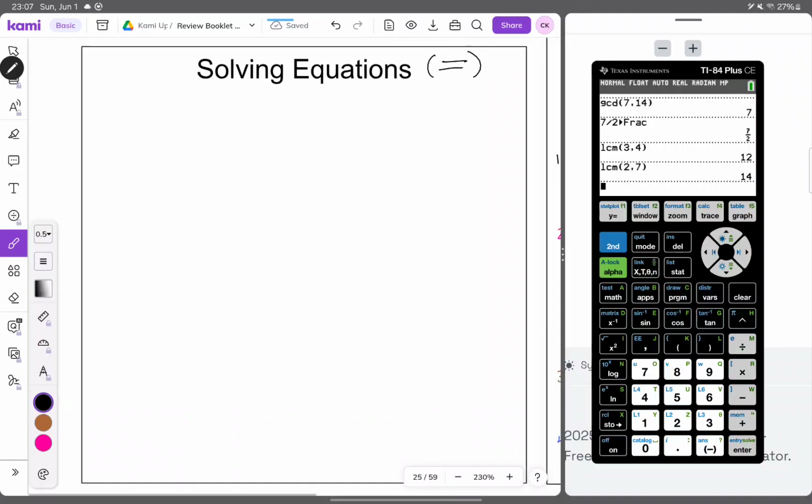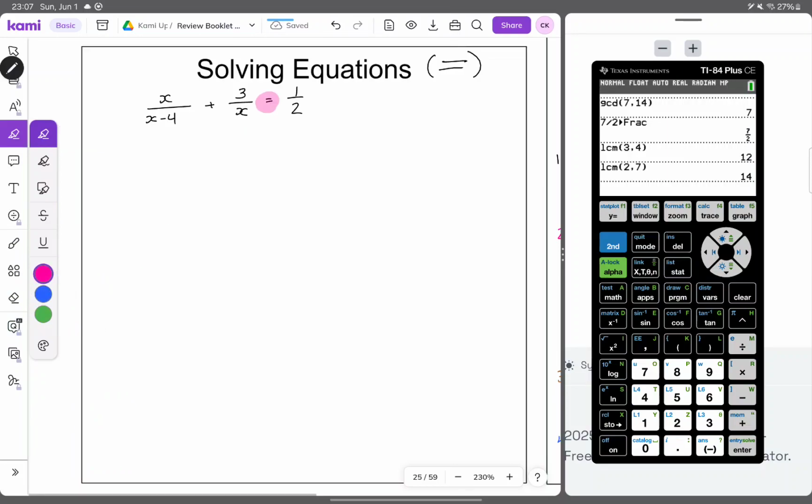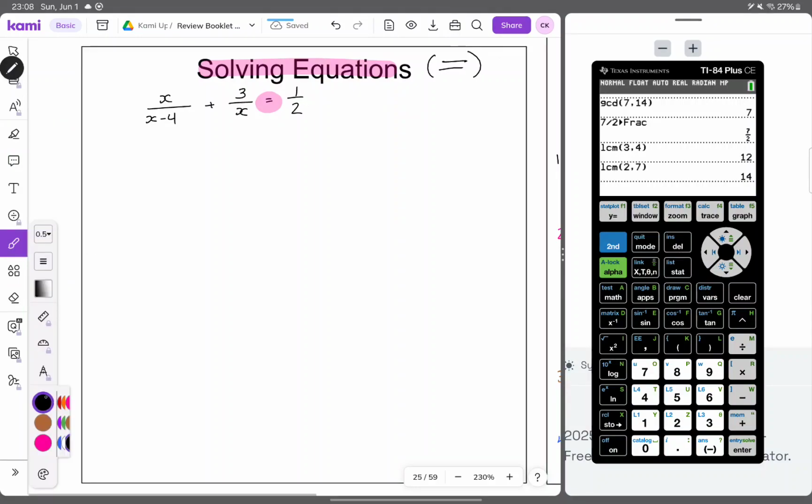All right, so let's say our equation here, we're going to have x over x minus 4 plus 3 over x equals 1/2. So you can see, solving equations, you have to have an equal sign. Okay. So, similar to adding and subtracting, first step would be factor denominator.